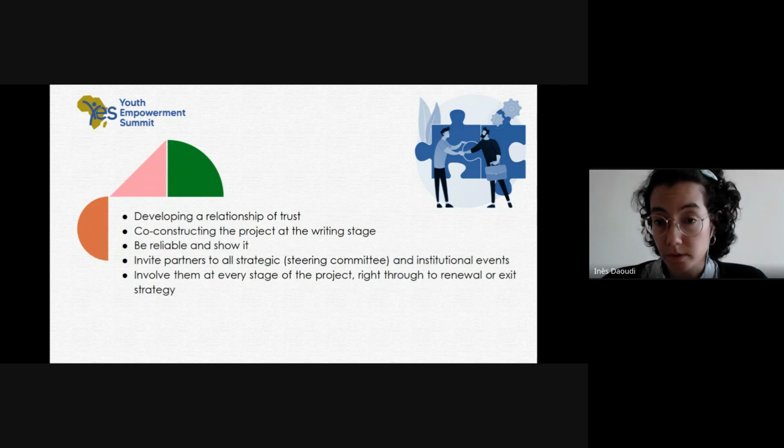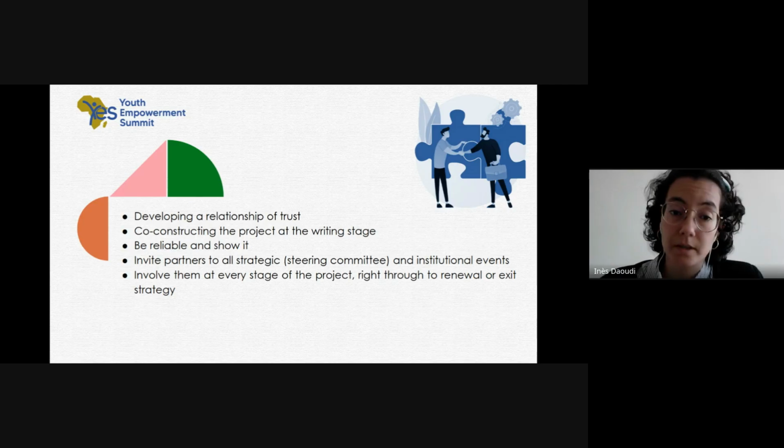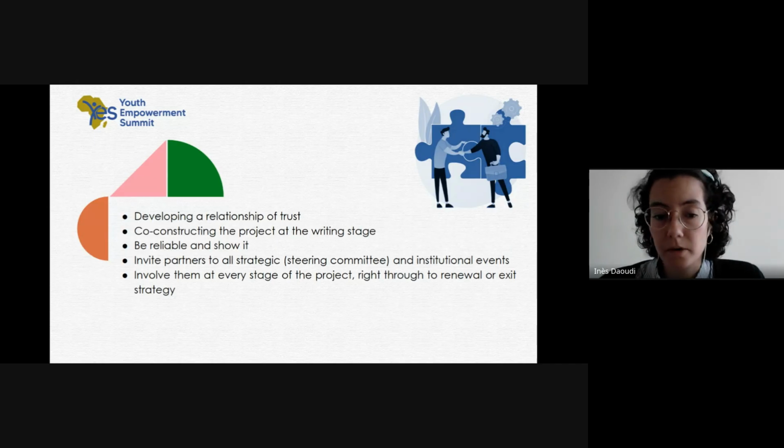We want to implement this project, or we have this study to implement. We will need different partners, but there is this partner that we already know because we met them several times, or we have regular communications, we know how they work, how they implement projects. So they will think about you, basically.